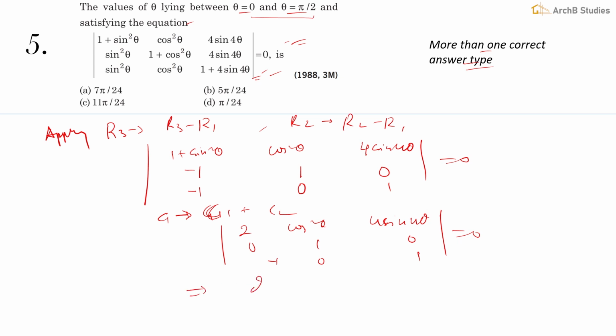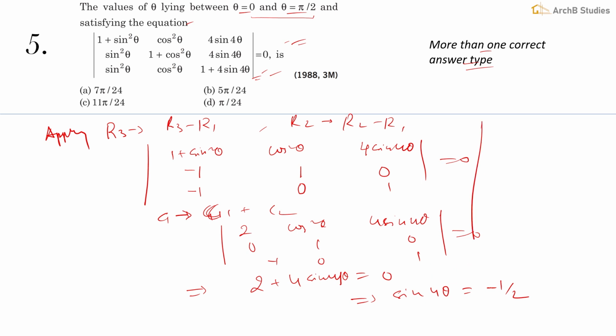This implies 2 plus 4 sin 4 theta will be 0. This means sin 4 theta equal to minus 1 by 2.